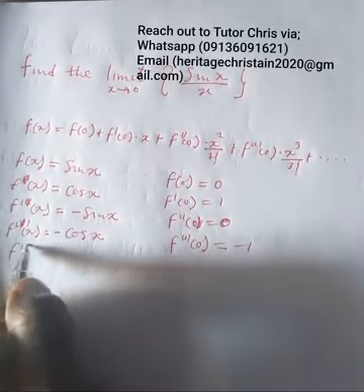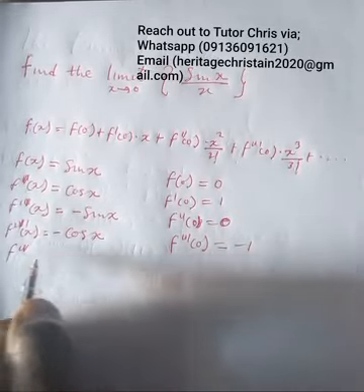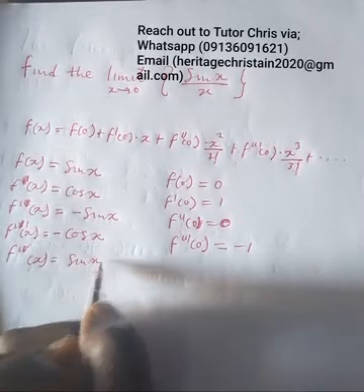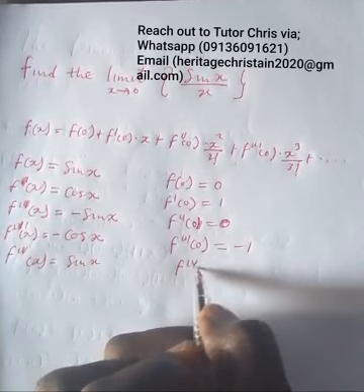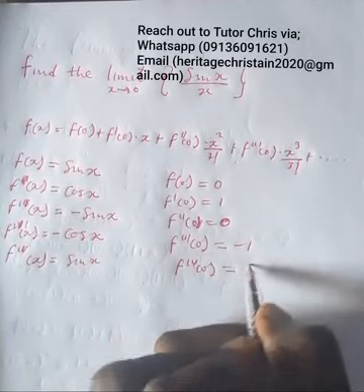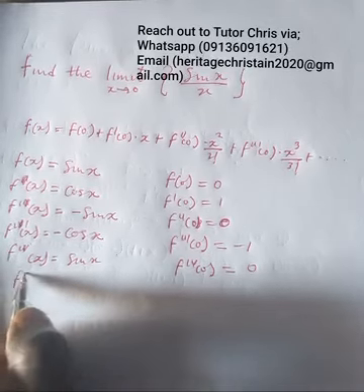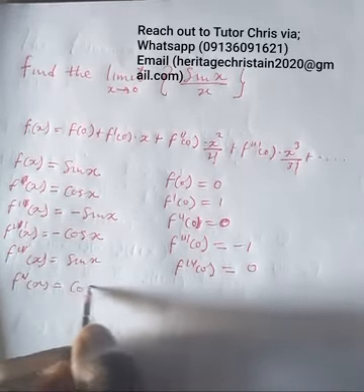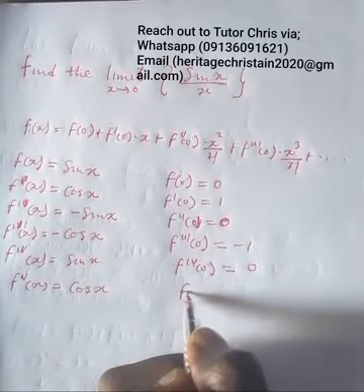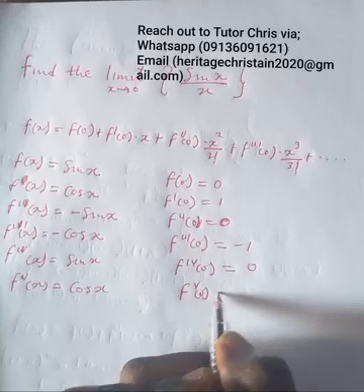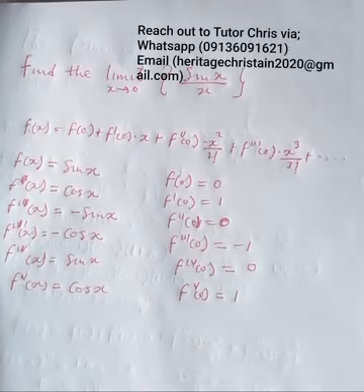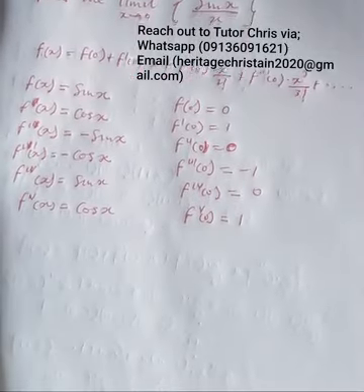And then the fourth derivative of x will be equal to sine x, and the fourth derivative of 0 will be equal to 0. And then the fifth derivative of x will be equal to cos x, and the fifth derivative of 0 is cos 0, which is 1. That's beautiful now.